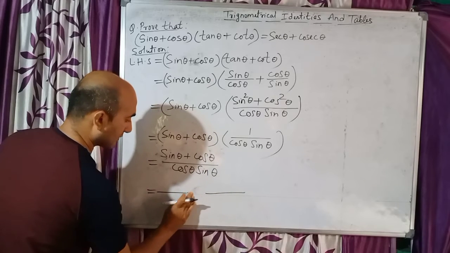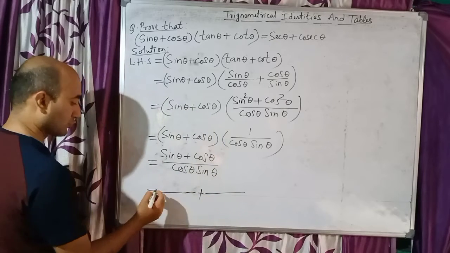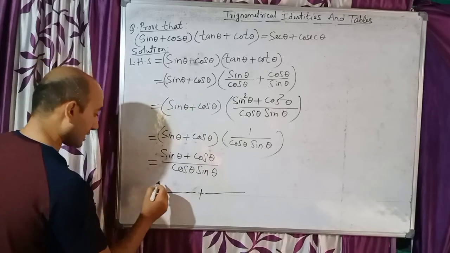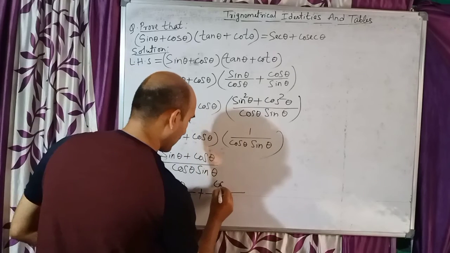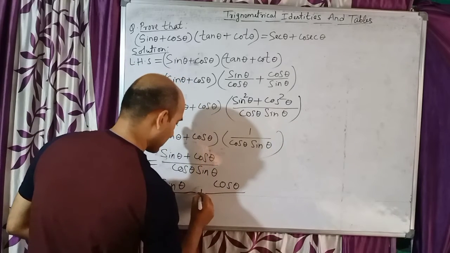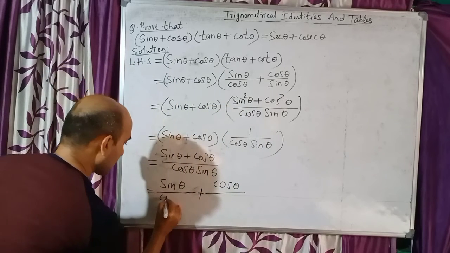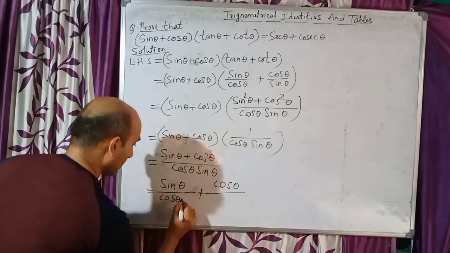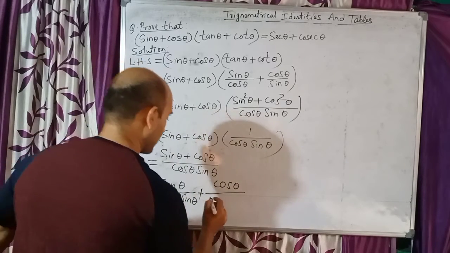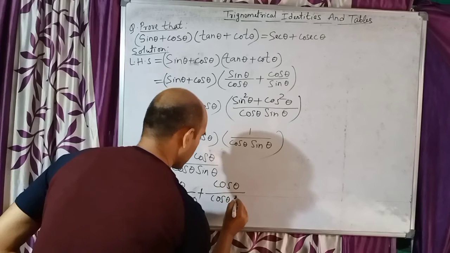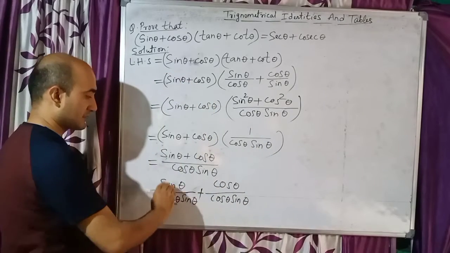In the first part you write only sin theta, and in the second part you write only cos theta, but the lower part will go in both the places because it is the LCM, so it should go in both places: sin theta cos theta, or cos theta sin theta, and here also cos theta sin theta, because if you do LCM the same thing will come.